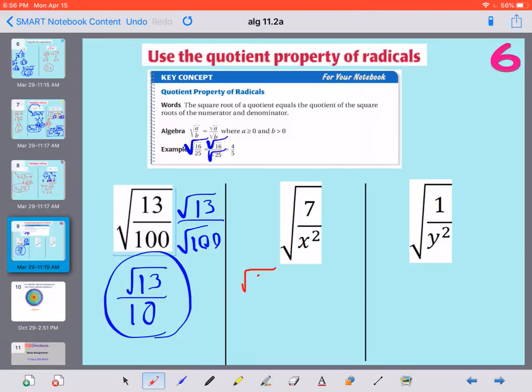Here we have the square root of 7 over the square root of x squared. 7 is a prime number, so I'm just going to leave that, square root of 7, divided by the square root of x squared. The squared and the square root cancel out, and we're just left with x.